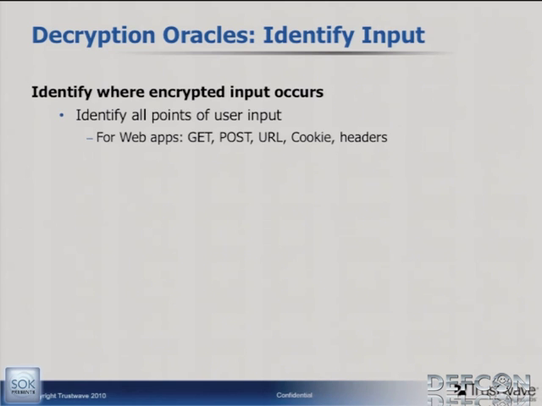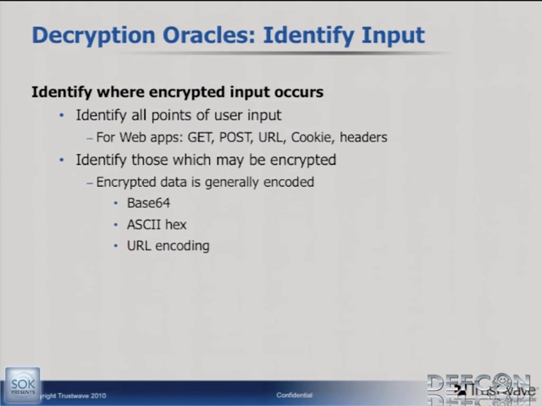So when we're looking for decryption oracles, we're going to look for ciphertext being passed in as some sort of input. You're going to want to look for all points of user input: GET, POST, URL, anything in the cookie field, or in HTTP headers, which is a little bit rare, but can happen. And then identify those which might be encrypted.